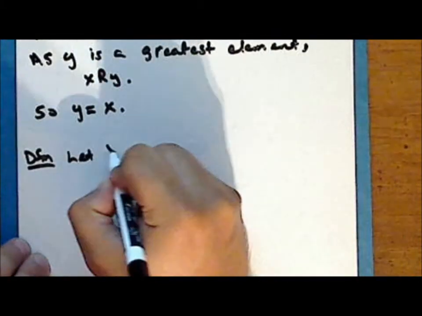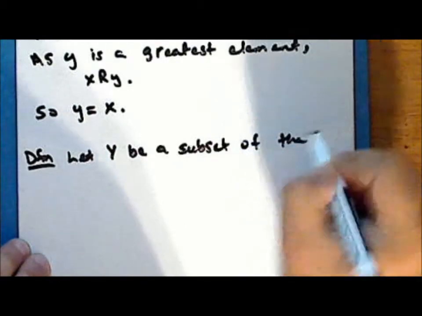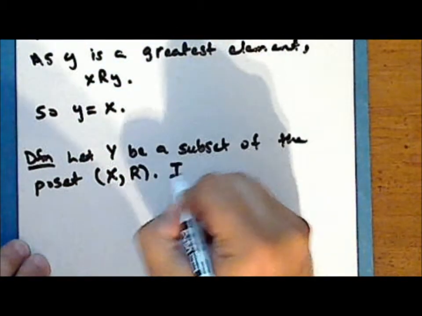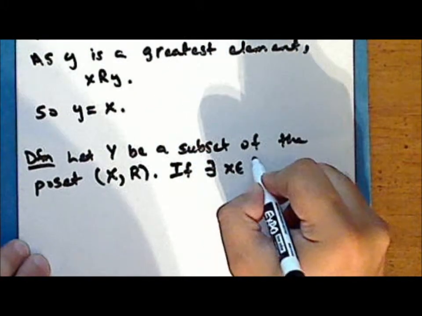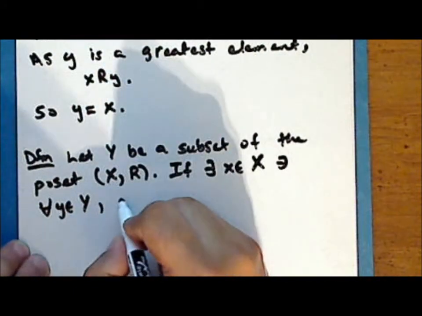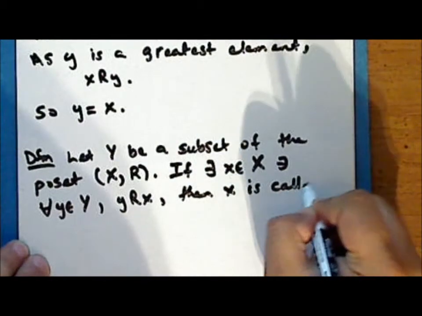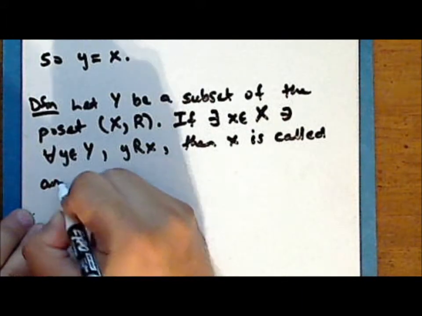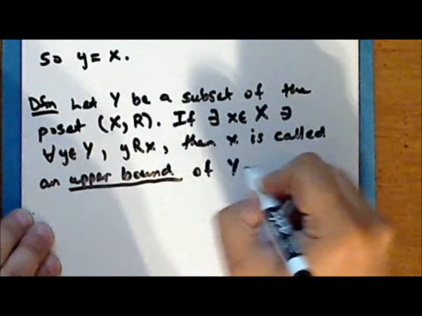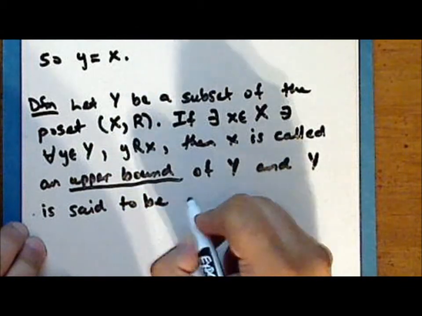So let the set Y be a subset of the poset consisting of the set X with the relation R. If there exists an element x in the superset X such that for every element y in the set Y, we have that y is related to x, then the element x is called an upper bound of the set Y, and the set Y is said to be bounded above.